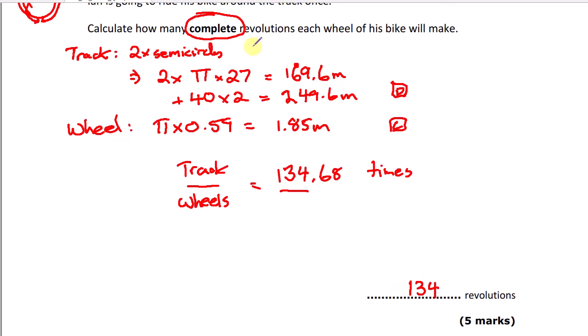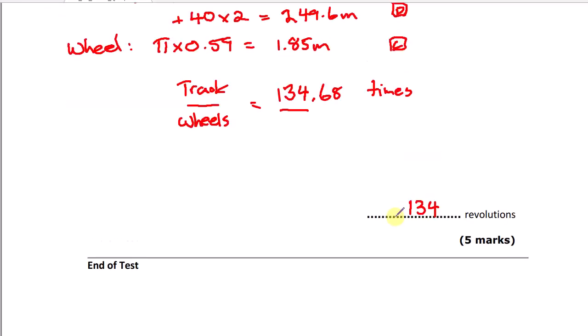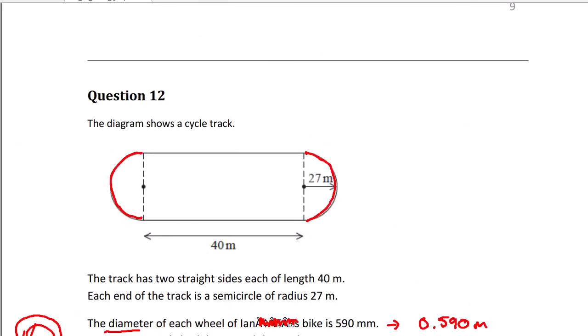Complete means it rounds down no matter what. Okay. So the total distance tracked divided by wheels, it's a maximum at that value. It can't be rounded up, can't be bigger. That's all 5 marks for that question, and I think that's it. There you go. That's worked solutions for those questions.